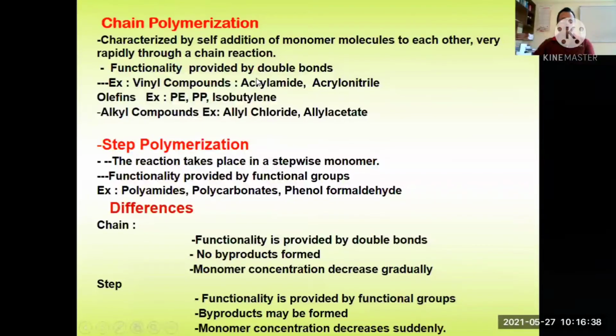As I already told you, functionality is the reactive part of the monomer which takes part in polymerization. In case of chain polymerization, that is the addition polymerization, functionality is provided by double bond. And in step-growth polymerization, which we called earlier condensation polymerization, functionality is provided by a functional group like carboxylic group or phenolic OH or amine group, etc.